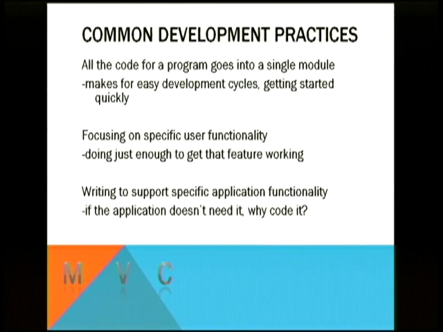And this is good for the users because they can see things quickly. It feels good for you because you get something up and running really quick. And then you write to support the specific application that you're writing. Because after all, if the user doesn't want it, why bother writing it? So this is kind of typically how software development is done.